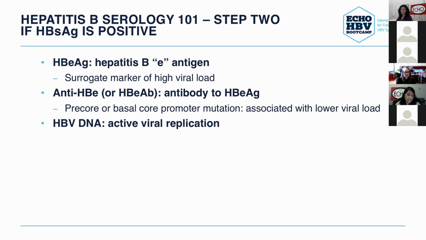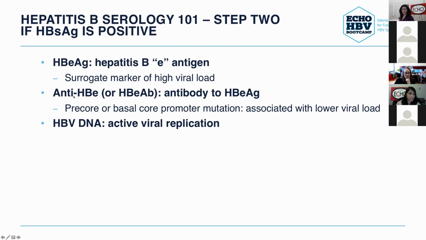I think one thing that often gets us a little bit caught up in how to interpret these test results is some of the terminology that we use for these different phases of hepatitis B infection. Typically people in an earlier stage of this infection will be E antigen positive, and then on a timeline for most people of around 10 to 20 years, you go on to lose E antigen and develop E antibody, which is the second test.